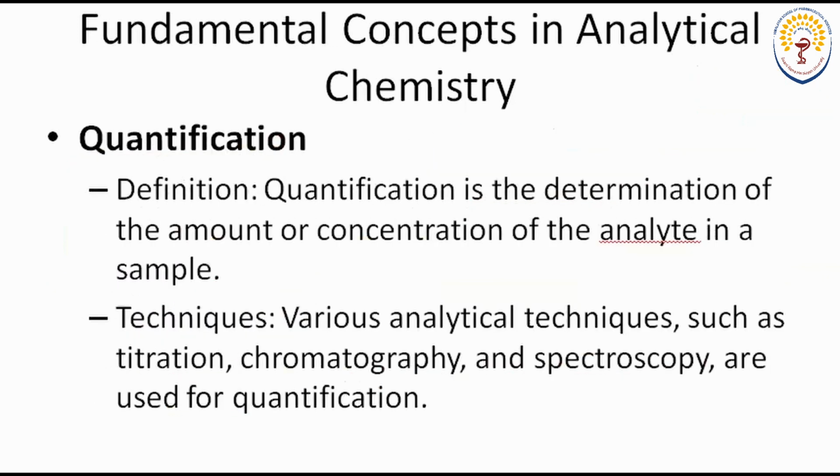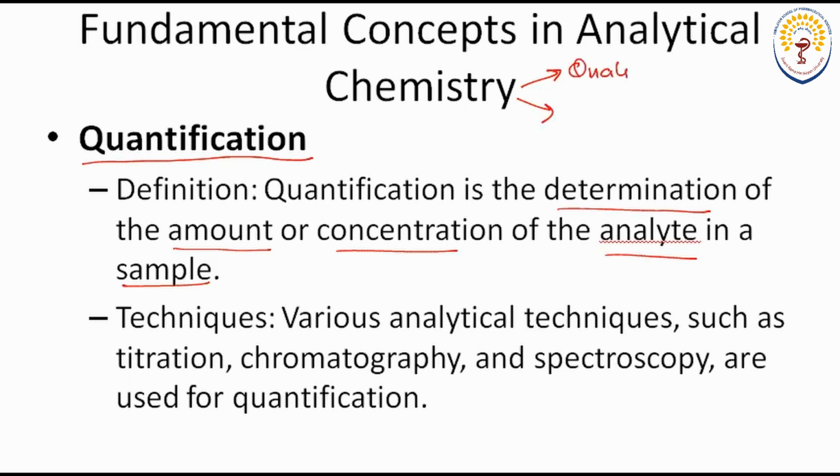Next thing is quantification. And what does quantification mean? Quantification simply means to determine the amount of the analyte in the sample. If we see the broad classification of analytical chemistry, we say that there are two kinds of analysis.